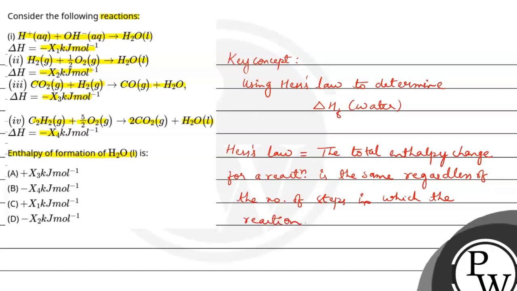That is, टोटल एंथैल्पी चेंज जो है वो हमेशा सेम रहता है किसी भी रिएक्शन का, भले वो रिएक्शन एक स्टेप में हो या मल्टीपल स्टेप्स में हो, बट एंथैल्पी चेंज, टोटल एंथैल्पी चेंज ऑफ अ पर्टिकुलर रिएक्शन कभी चेंज नहीं होता.